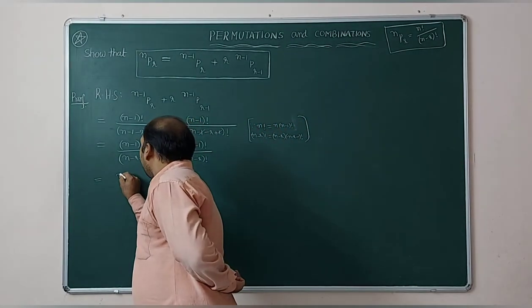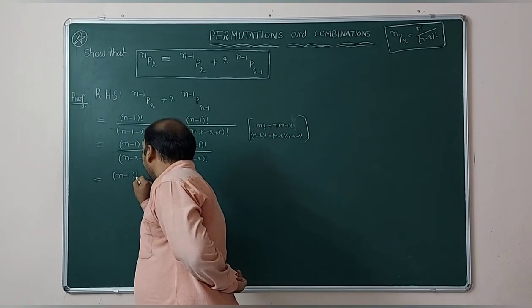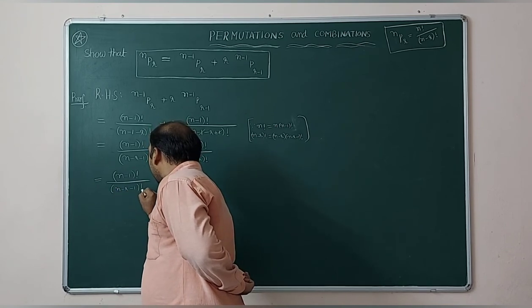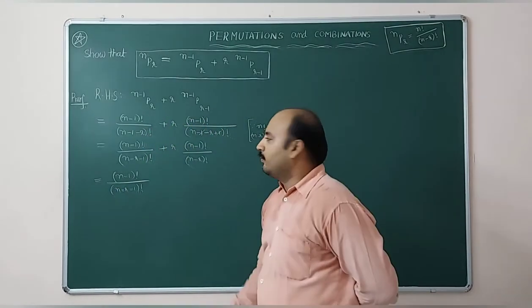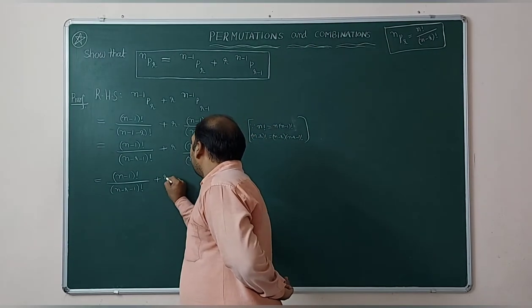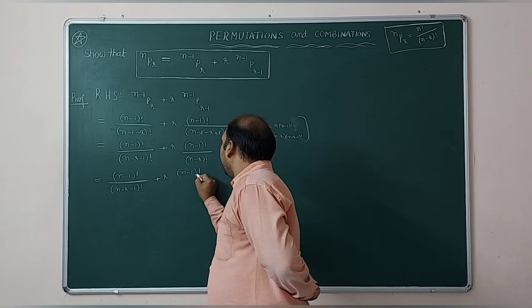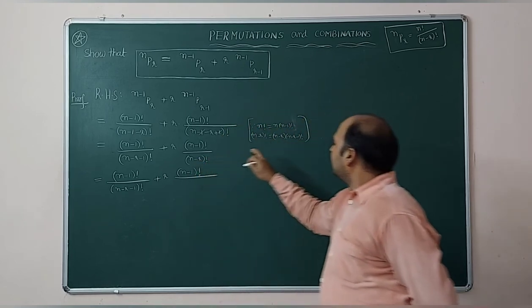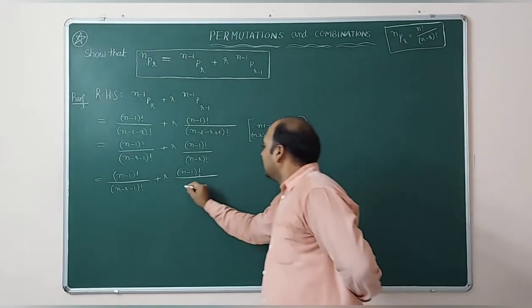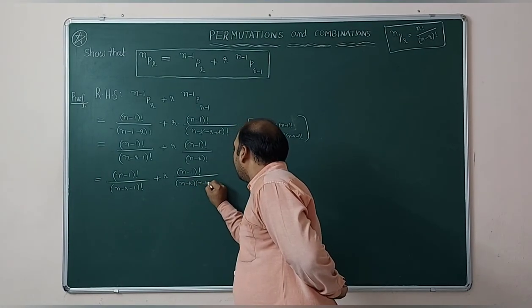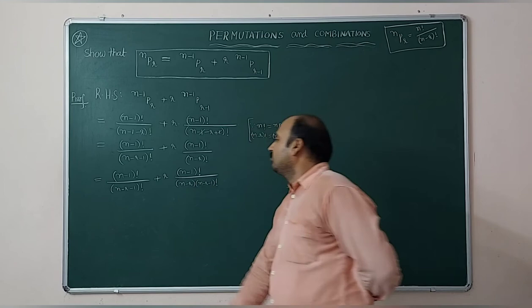So, n minus 1 factorial by n minus r minus 1 factorial plus capital R into n minus 1 factorial divided by n minus r factorial can be written as n minus r into n minus r minus 1 factorial.